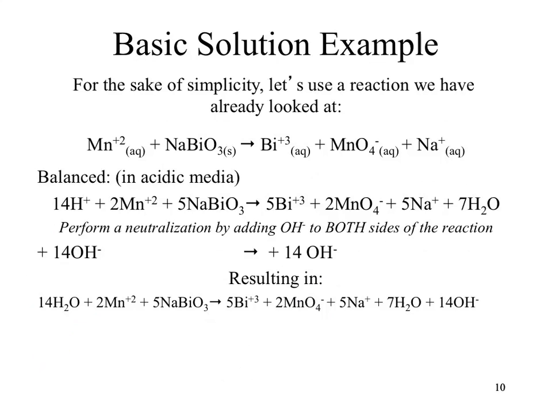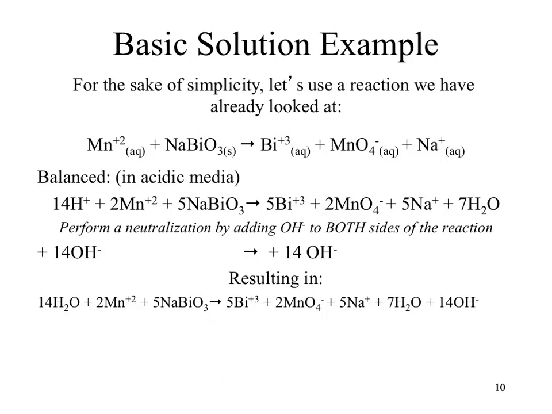Looks like I did. We would end up with this overall result. We've got 14 water molecules on our reactant side because our OH- reacts with the H+. It doesn't change any of the other species in our reaction. We look to the product side and we just add in our 14 moles of OH-.